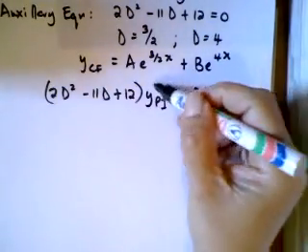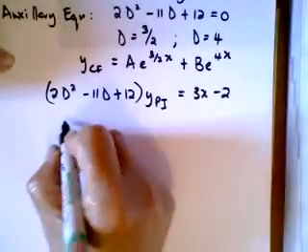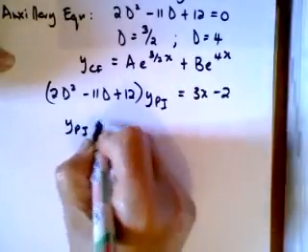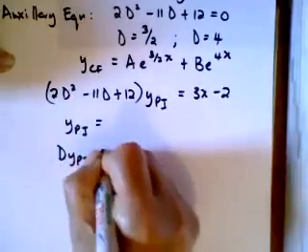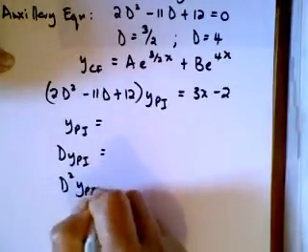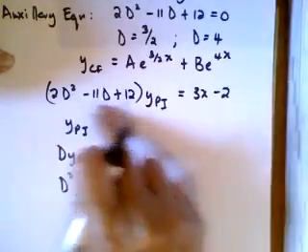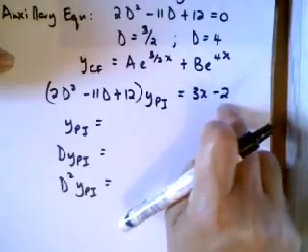Which means that there is some function y_p, so that if you find the first derivative and the second derivative and then substitute them into this equation, when you simplify, it must be equal to 3x minus 2.